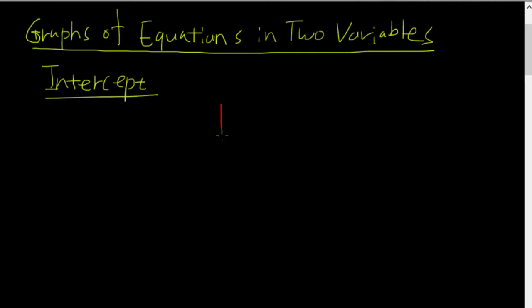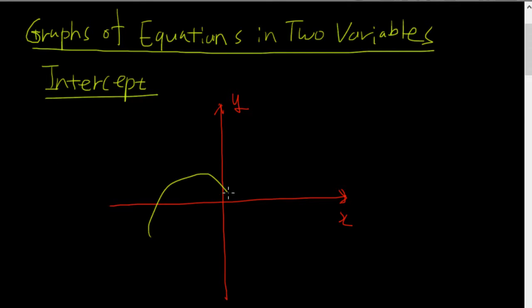So let's say we have a graph. Let's say we have the x-axis and y-axis like that. That's y. Let's say that's x. And let's say the graph looks like this. Then see this point right here, and this point right there, and this point right there.